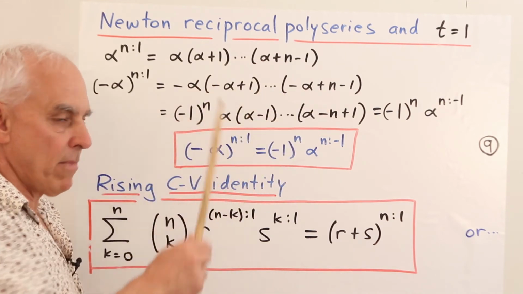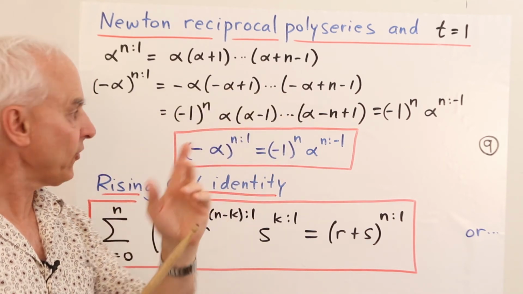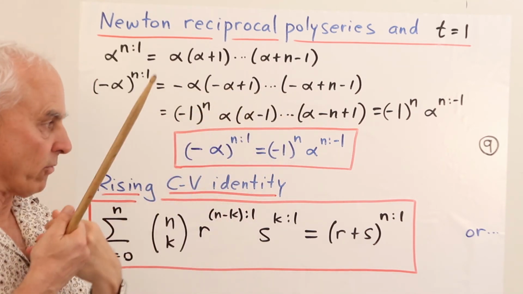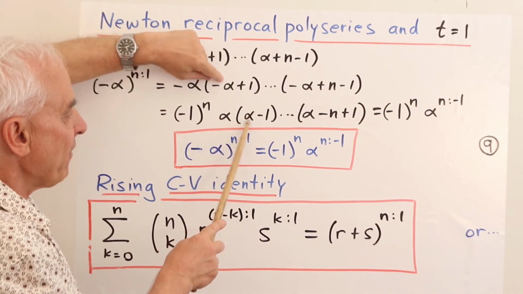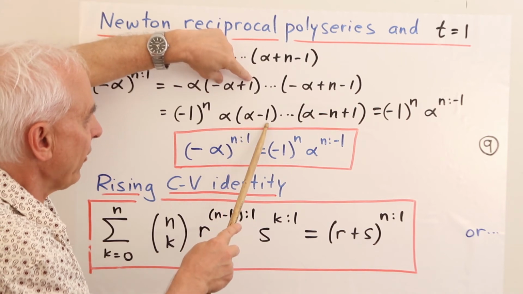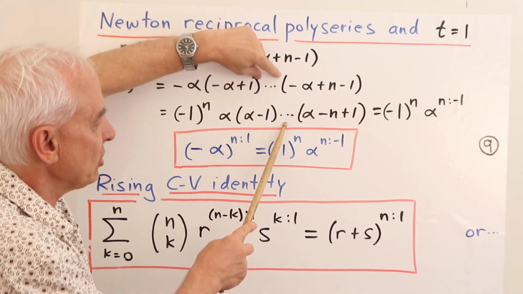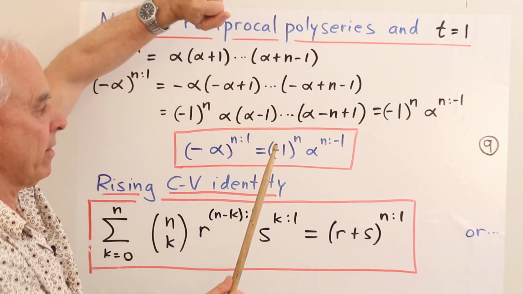And now let's take a multiple of minus 1 out of each of these n factors. So we're going to take minus 1 to the n out. So this then just becomes alpha. This becomes alpha minus 1, because we're essentially multiplying each of these things by minus 1. The next one would be alpha minus 2. And this last one would be alpha minus n plus 1.